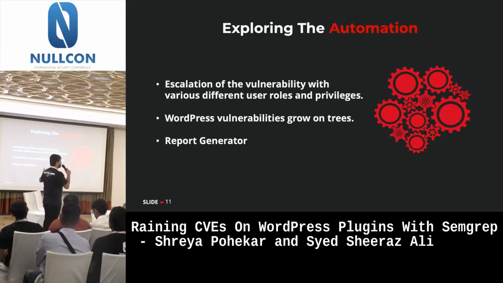And then the third one was the report generator. So we ran into a problem. We found 50 something XSS, and for each 50 something SQL injections, I'm sorry. And for each of these, we had to write 2 reports. One that went to WP Scan and one that went to Code Vigilant.